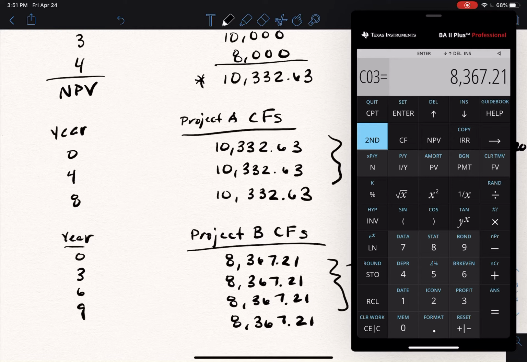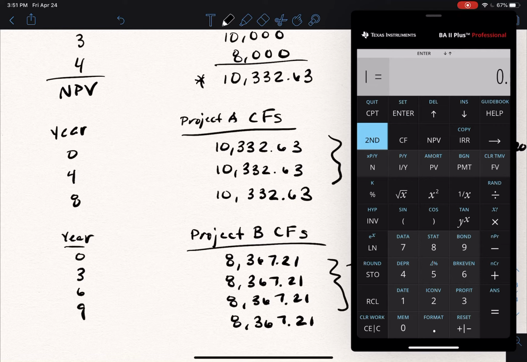All right, year 4, enter. Year 5, enter. Year 6, we're going to put another one in, 8,367.21. Year 7, 0. Year 8, 0. And then year 9 is our final one, 0.21.